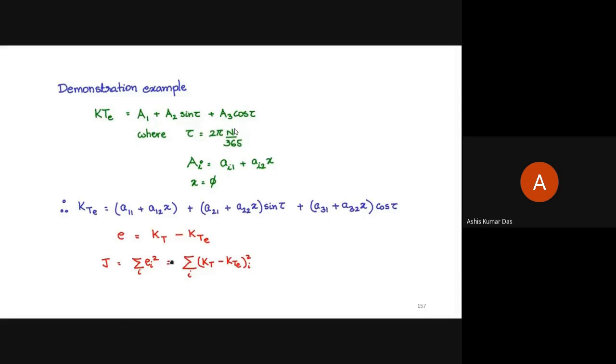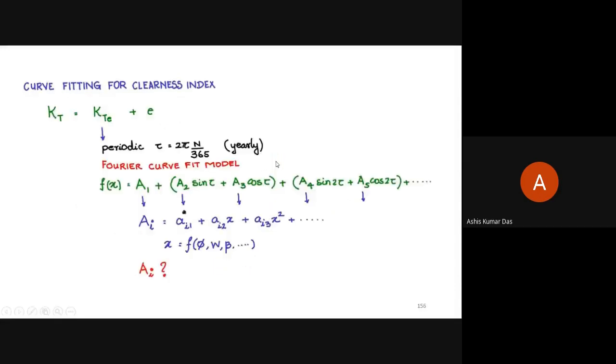Now our job is to find out these coefficients, and these coefficients themselves are of the form a_i1 plus a_i2 x. Here x can be anything: the latitude, the water vapor content, the tilt angle, whatever it may be.